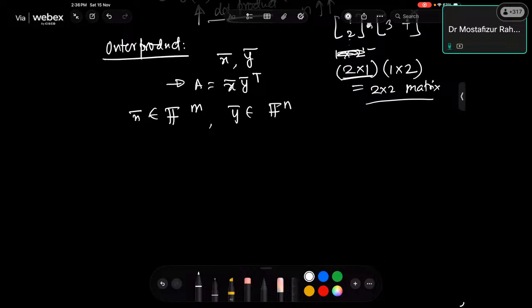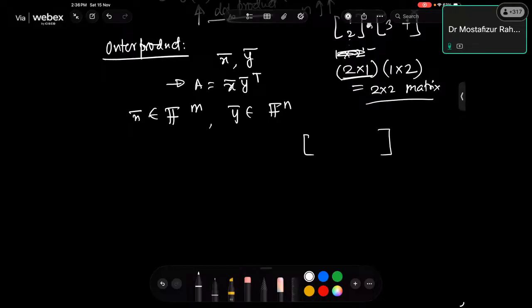If you do the product, we should get a matrix of size m cross n. If you want to do that, we have to iterate. So how many elements are in this matrix?